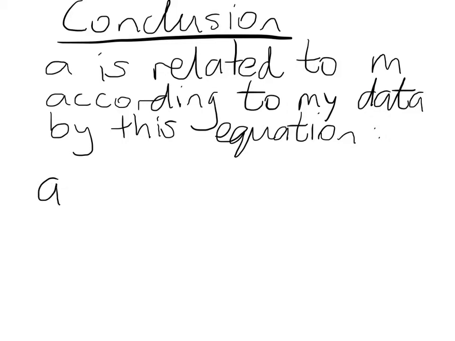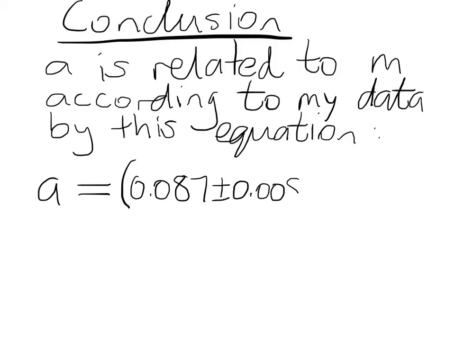So you'd write A equals the gradient you just calculated, which happens to be 0.087 plus or minus 0.008, multiplied by the independent variable 1 upon mass.